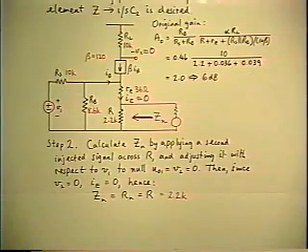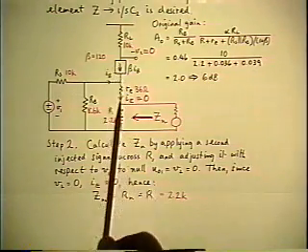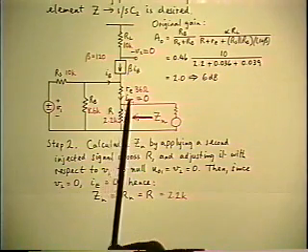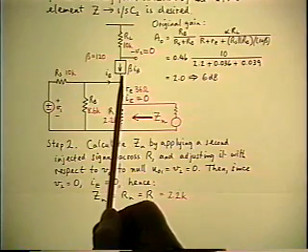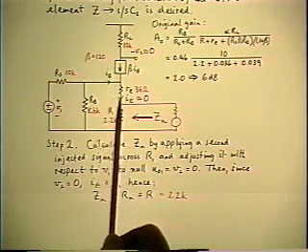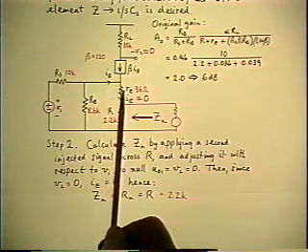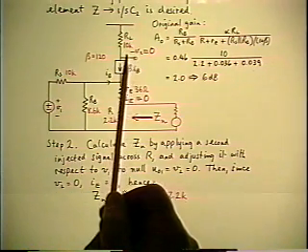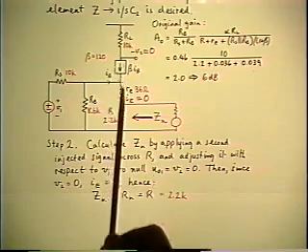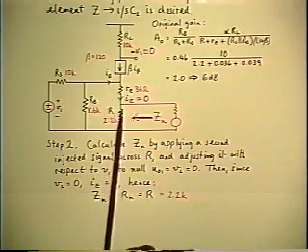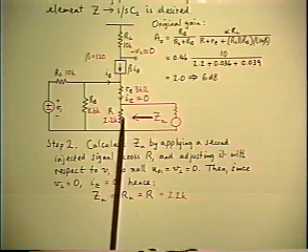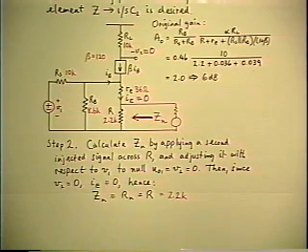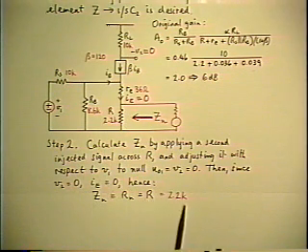And notice that one other relationship that we've adopted along the way builds on the fact that we already talked about, the fact that the ratio of all of the three currents of the transistor remains constant, which means that if one of the currents is 0, all of them are 0. And that's what's happened here. The collector current is 0, therefore the emitter current is 0. And that's all you need to know to arrive at the answer for Zn, which is the objective of this calculation. So Zn is equal to R, 2.2K.